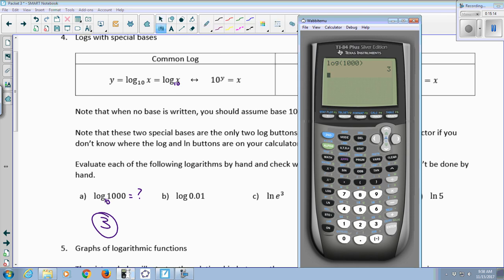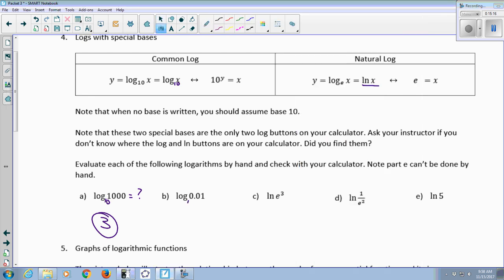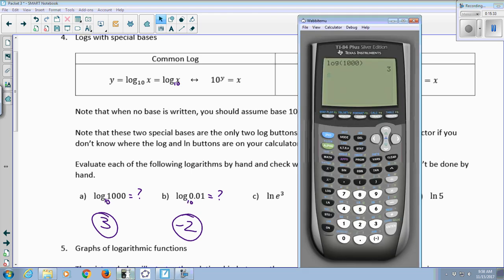The log of 0.01, so this is a little invisible 10, equals what? 10 to what power is 0.01? Well, 0.01 is 1 over 100, so that would have to be the -2. And we can verify the log of 0.01, -2.